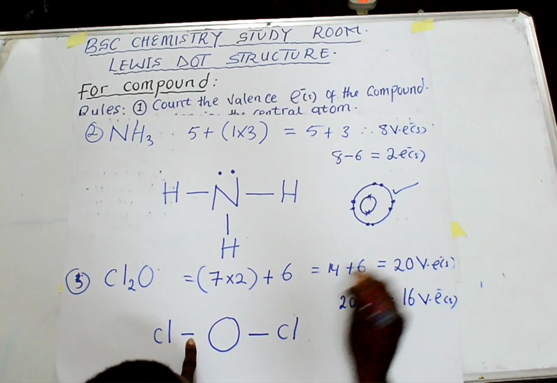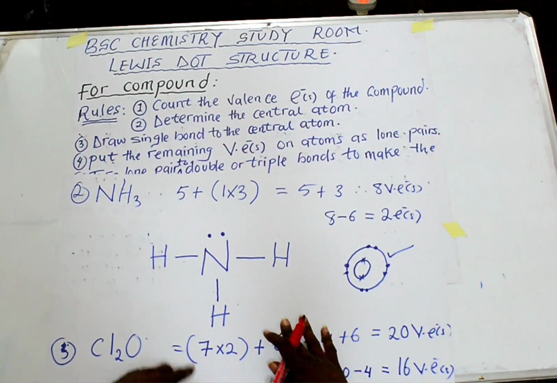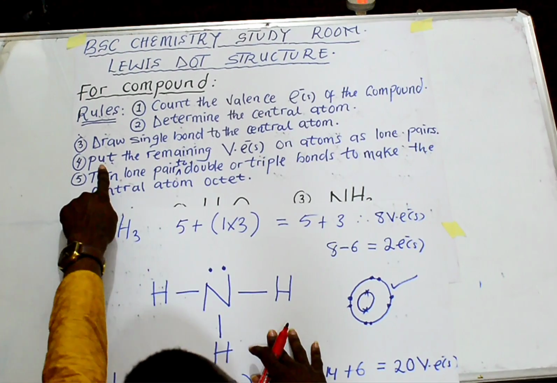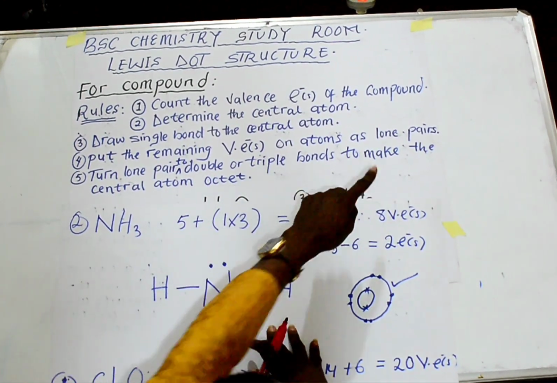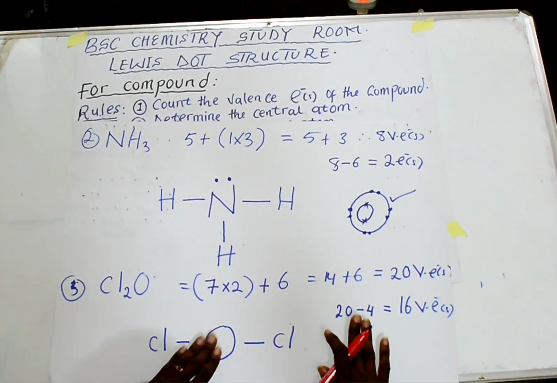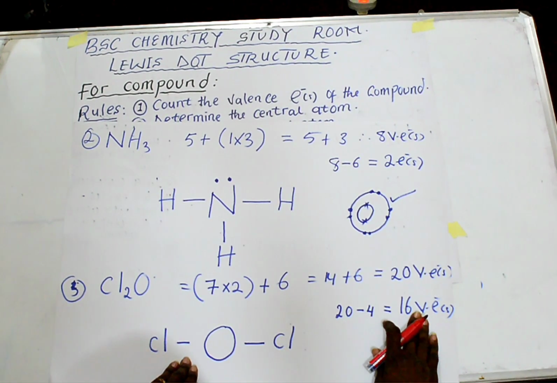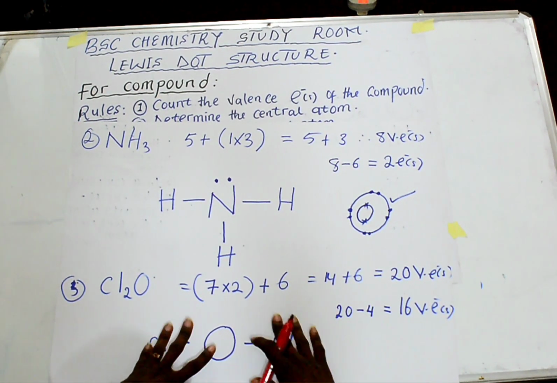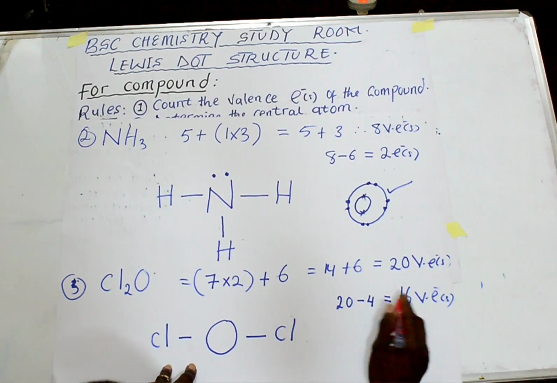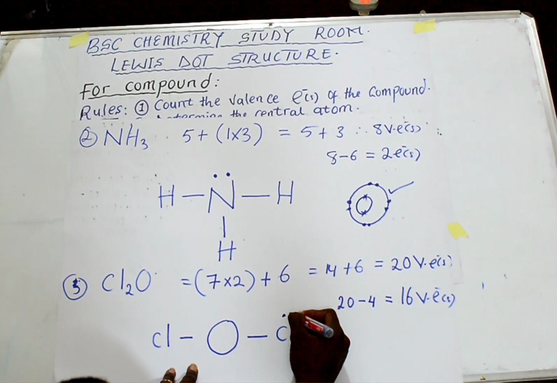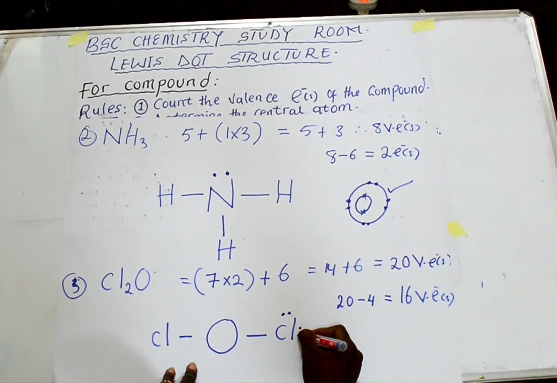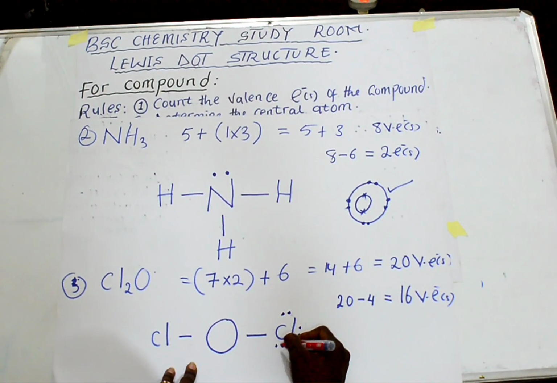So now, as it says from rule number 4, put the remaining valence electrons on atoms as lone pairs. We are now distributing these 16 electrons on these atoms. First, let's start distributing on chlorine: 1, 2, 3, 4, 5, 6.